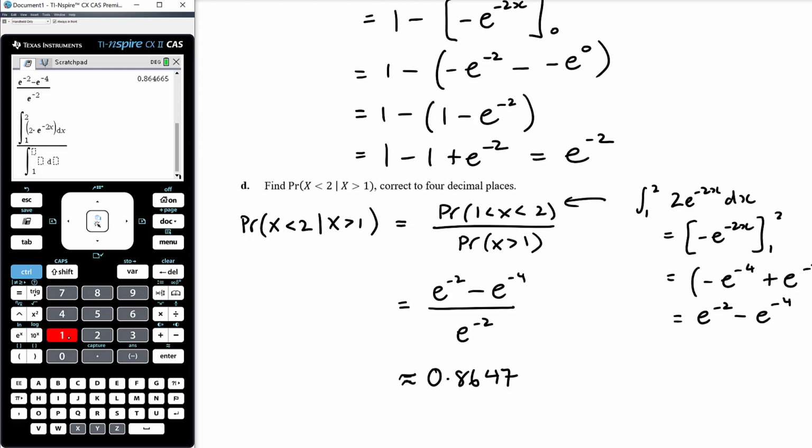I'll show you with infinity, so 1 to infinity, same function, so it might have been useful to define the function at the beginning. So we're integrating from 1 to 2, so that's the probability that x is between 1 and 2 on the numerator, and dividing that by the integral from 1 to infinity, so that's the probability x is bigger than 1 on the denominator. Control enter, 0.8647. Okay.